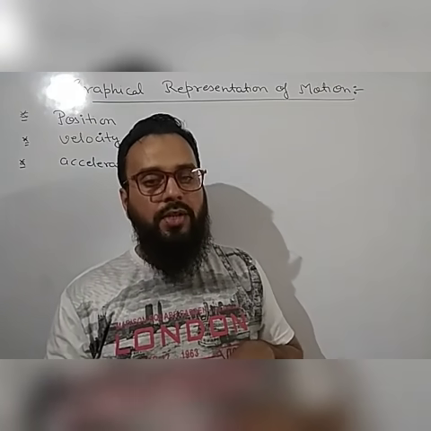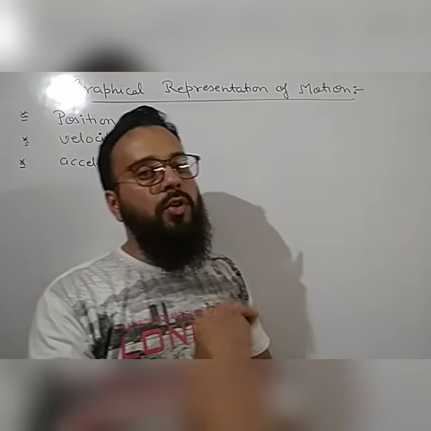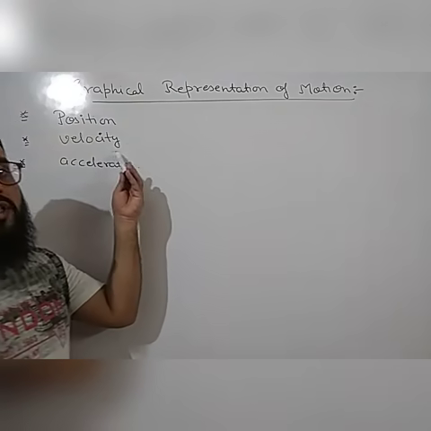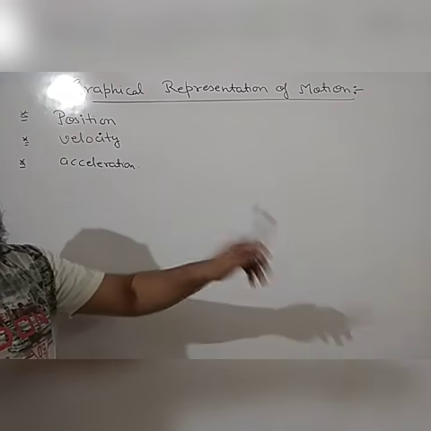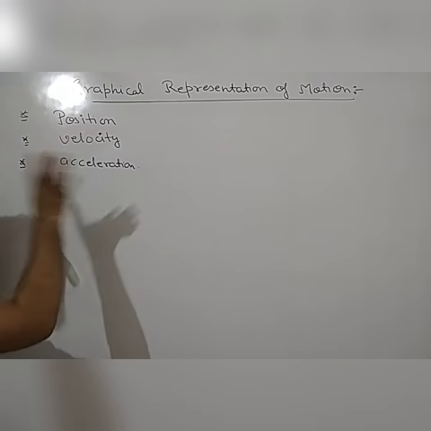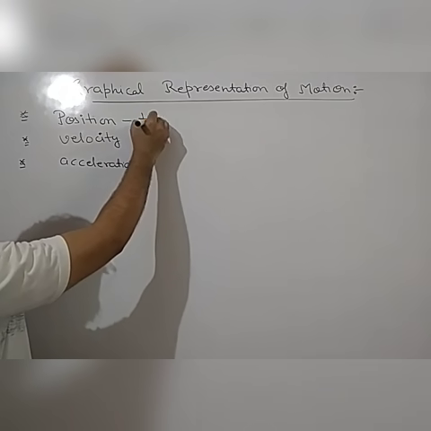Whenever there is motion, the position of an object will change with respect to time. Velocity of the object will change with respect to time. Acceleration of an object will change with respect to time. It means we have to draw the graph of the position of an object with respect to time.